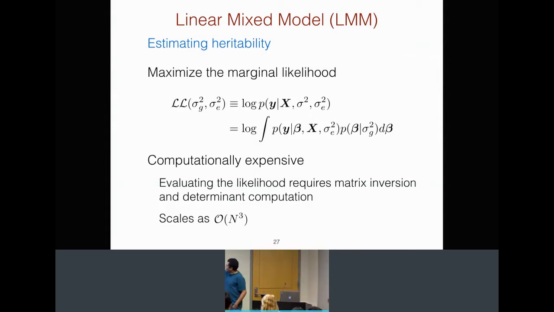Because of that matrix inversion and the determinant computation, every evaluation scales as n cubed, where n is the number of individuals. There has been lots of work in trying to speed it up and make it more efficient, but in general you still have to perform this computation. So now I'll talk about an alternate way of estimating this, which has some trade-offs, and the upside is that it's going to be more efficient.